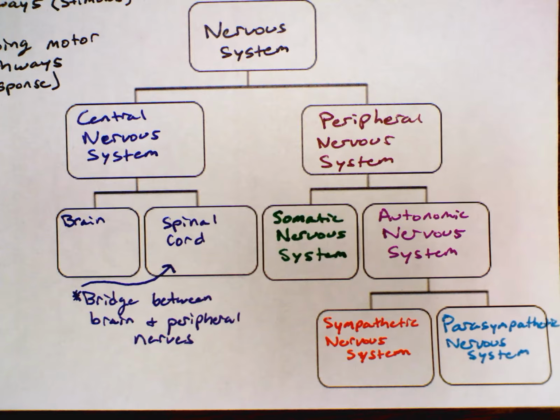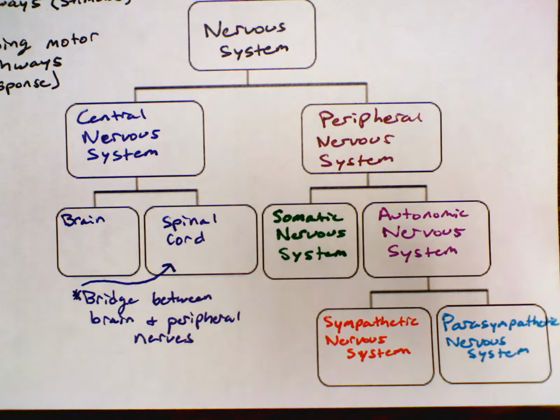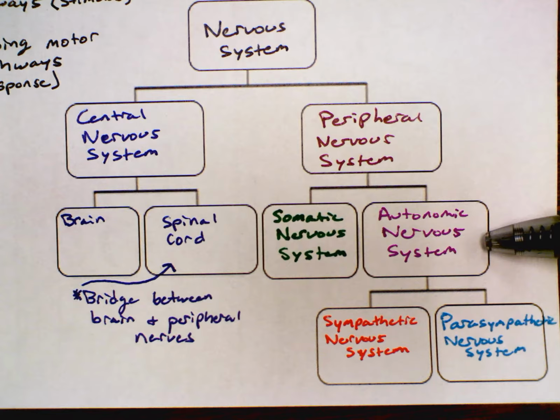Now we can subdivide those into the effectors that you can control consciously and the ones that you can't. As you're sitting here doing stuff, as you are moving your eyes and reading and writing stuff down, you're using your somatic nervous system. These are all things that you can consciously control. But at the same time, your heart is beating, and your smooth muscle through your digestive tract is churning, right?